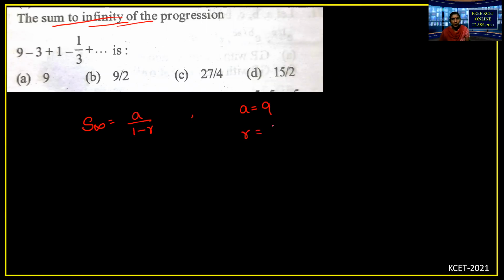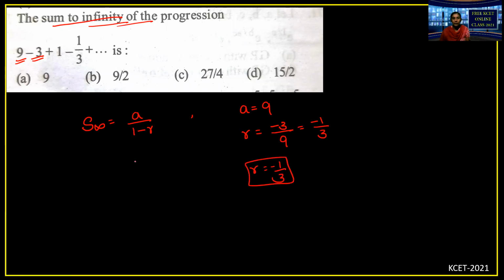The common ratio is T2 divided by T1, or A2 divided by A1. So that is minus 3 divided by 9. The first term is 9 and the second term is minus 3. Minus 3 divided by 9 is minus 1 by 3. So R is equal to minus 1 by 3.